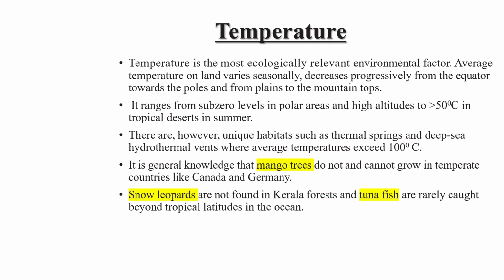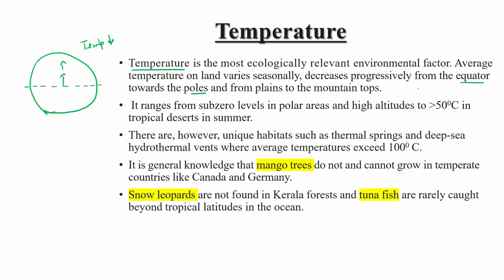So the first abiotic factor, temperature. This temperature is the most ecologically relevant environmental factor. Average temperature on land varies seasonally, decreasing progressively from equator to poles. If this is Earth, and if we move from equator to pole, then temperature will decrease.